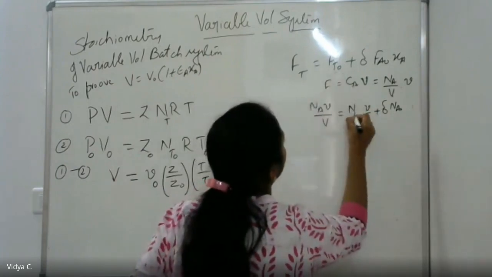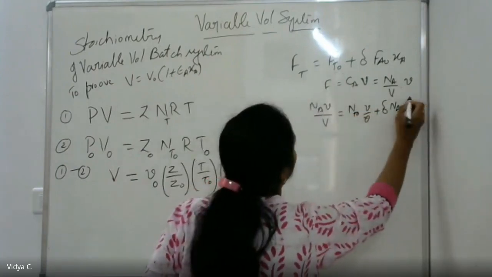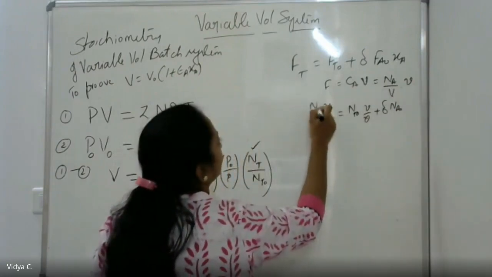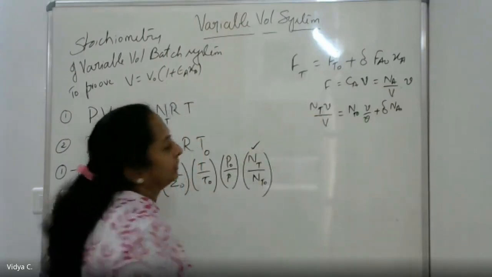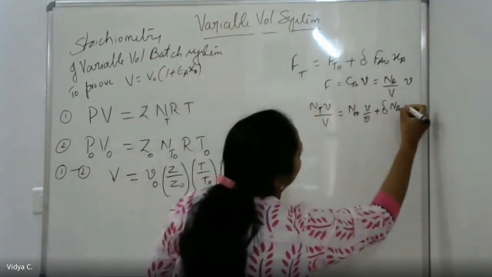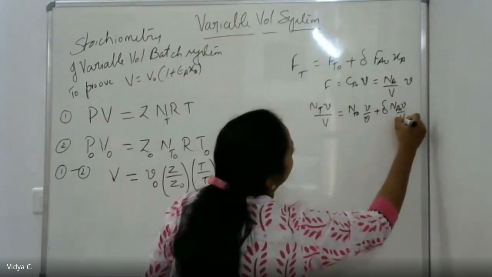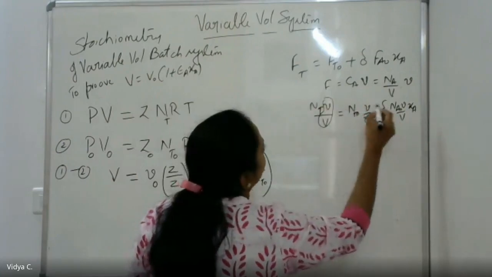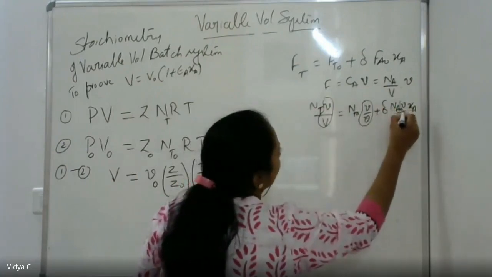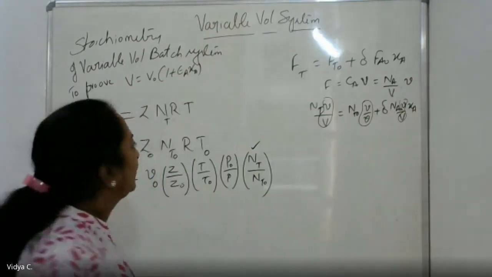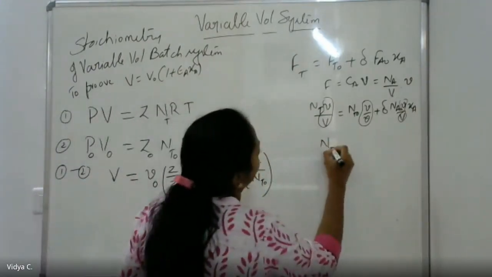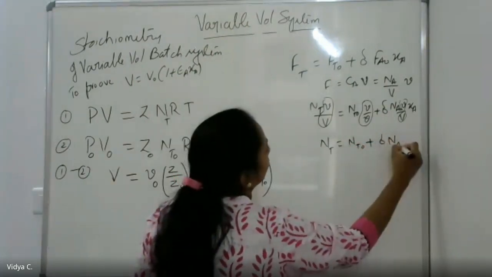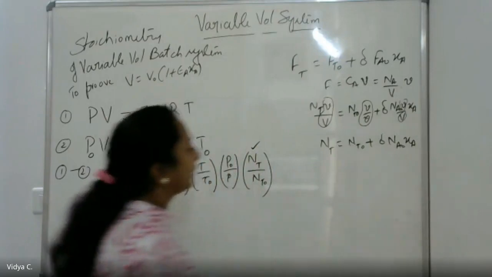Since I have T here, I should write that as NT naught, and here also I'll write T only. This term I'll take common and cancel it, and I'll get an expression: NT is equal to NT naught plus delta NA naught into XA.